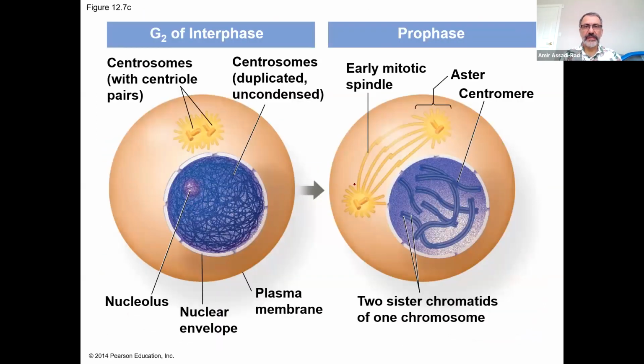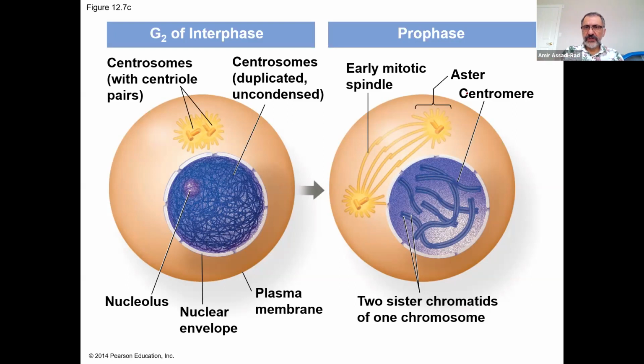So, G1, he's going backward. I don't know why, but I guess he's going through the cycle like this. Here is interphase, with centrosomes with centrioles duplicated, chromosomes uncondensed. And here is prophase, when the centrosomes go to opposite ends.